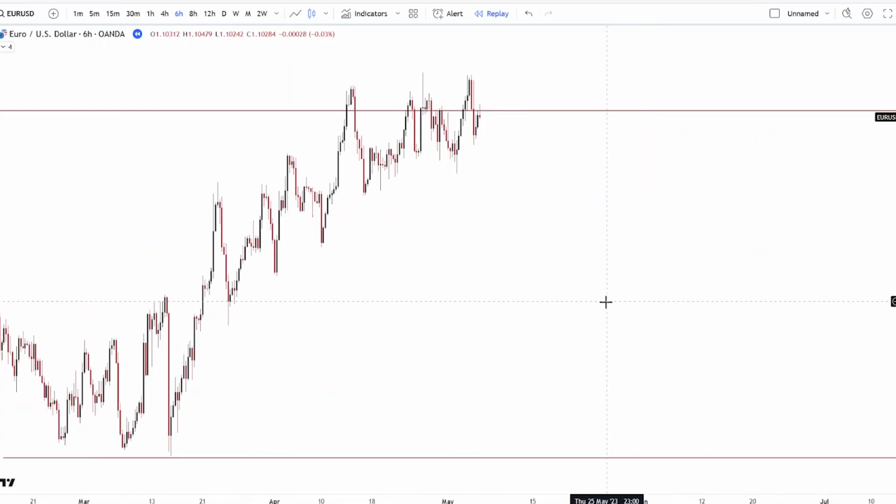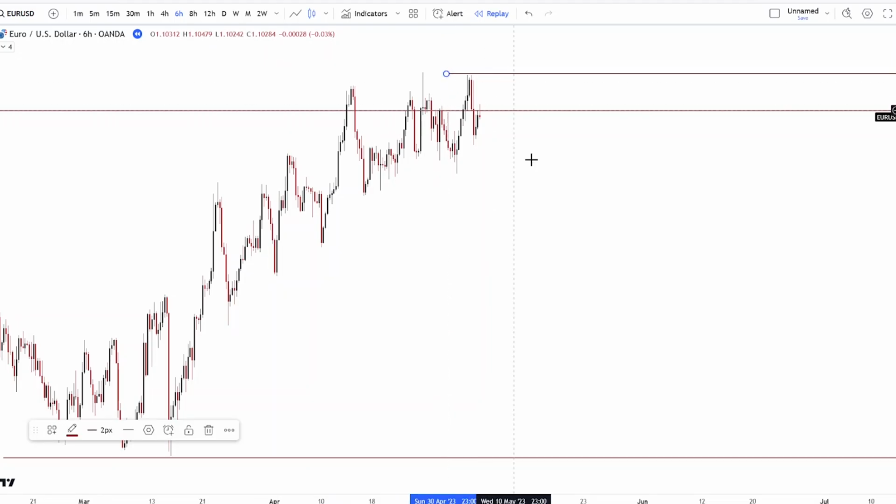So let's look at our entry model. So where's our micro range? So our micro range is right here and right here.